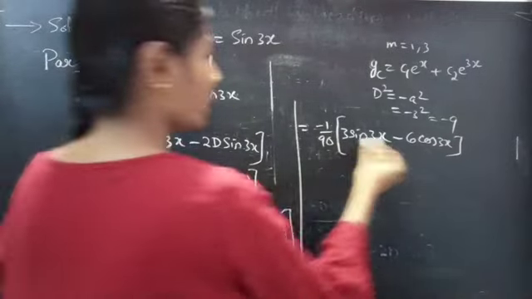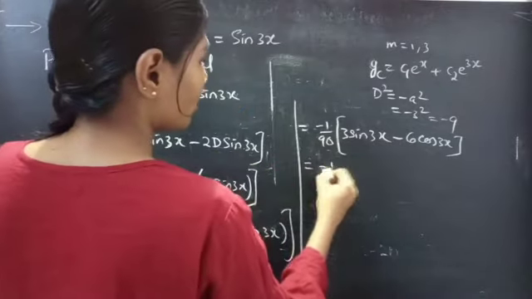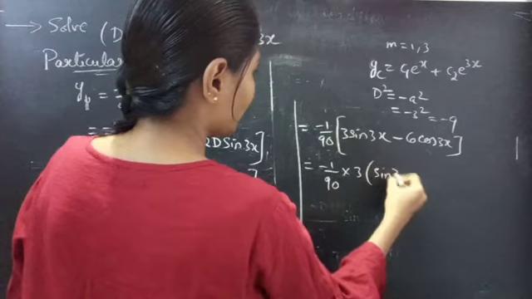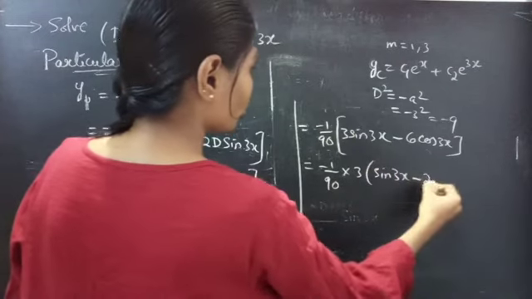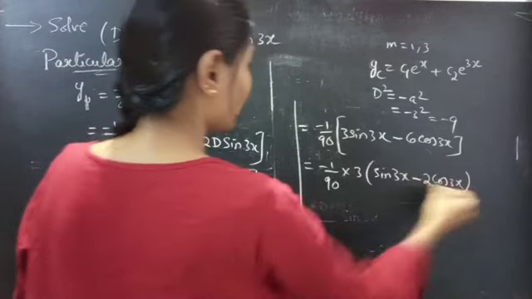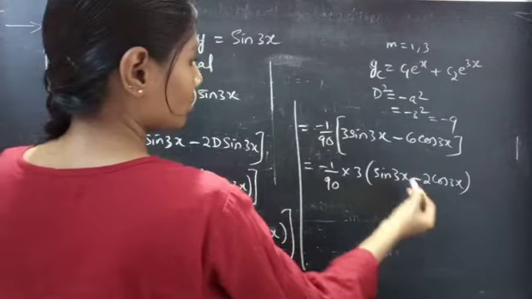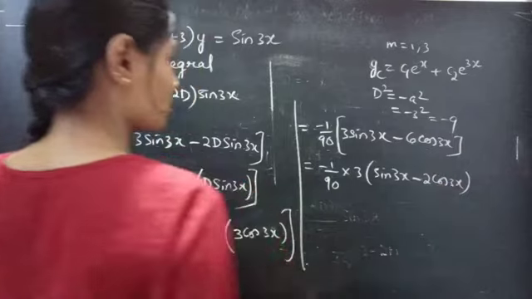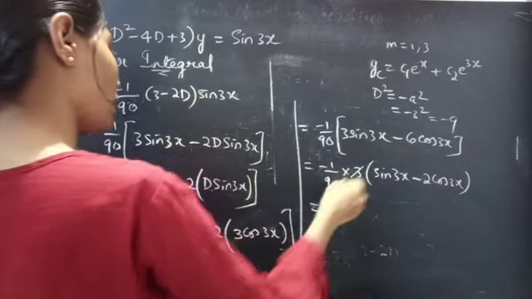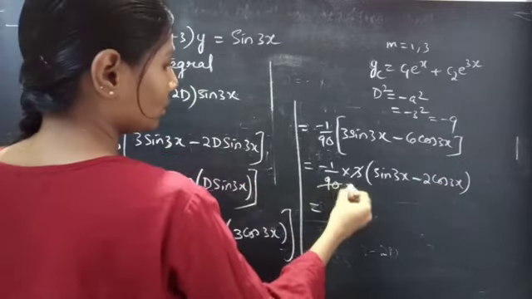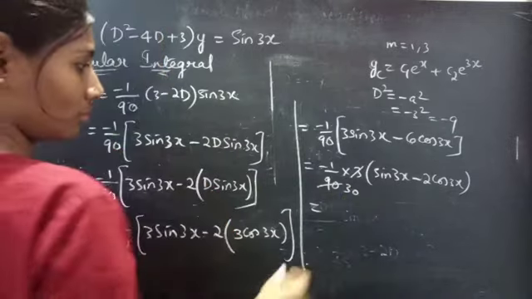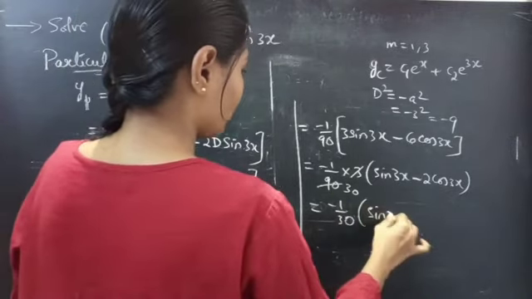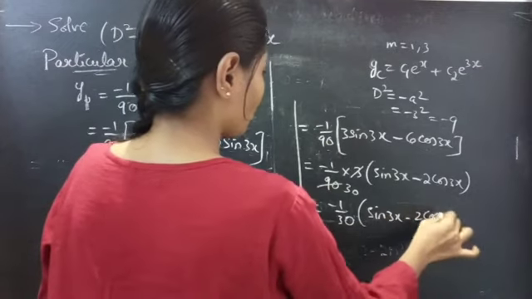Let's take 3 common from the two terms, then you'll get minus 1 by 90 into 3 times sine 3x minus 2 cos 3x. 3 into sine 3x is 3 sine 3x, minus 3 2s are 6 cos 3x, and 3 1s are 3, 30s. You'll get minus 1 by 30 into sine 3x minus 2 cos 3x.